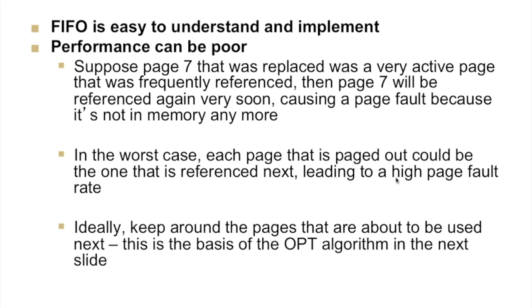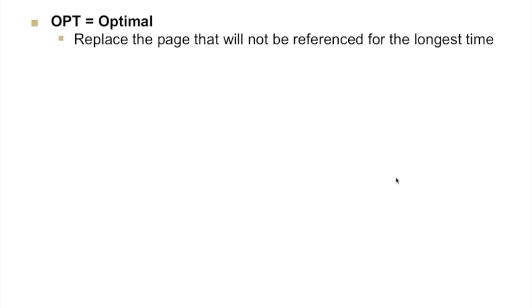So ideally what we want to do is we want to keep around the pages that we're going to use next and get rid of the ones we're not going to use until further in the future. And that's what the OPT algorithm does. So in OPT, which stands for optimal, we want to replace the page that will not be referenced for the longest amount of time.